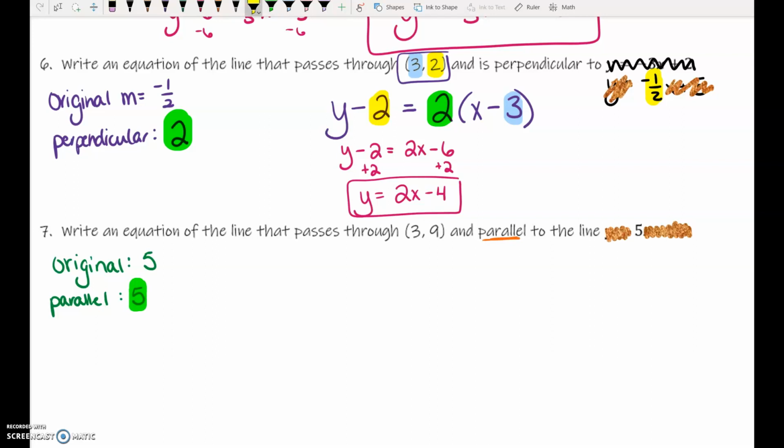And our point is (3, 9). So y - 9 = 5(x - 3). And I can label all of this where these numbers all came from, if that helps you. Distribute, get y by itself.